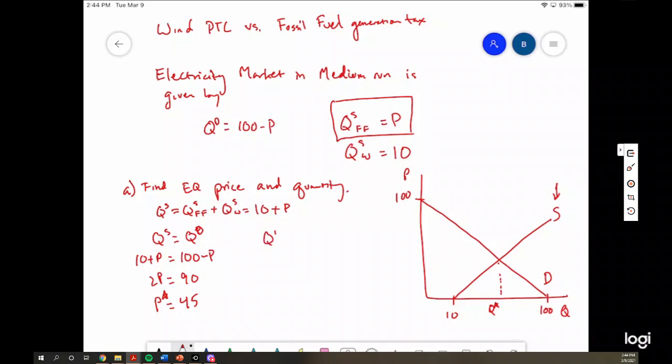So QD equals 100 minus 45, and then we get QD equals 55. So this is equal to 55 and a price of 45. So Q supply wind equals 10. Q supply fossil fuel is then going to be equal to 55 minus 10, which is 45.